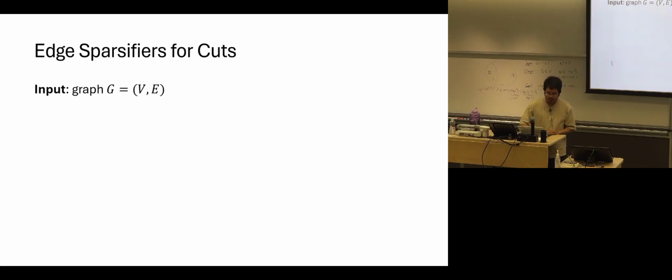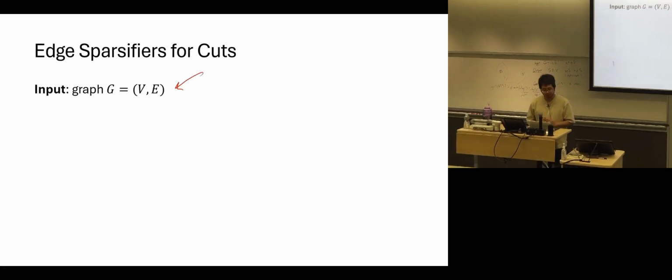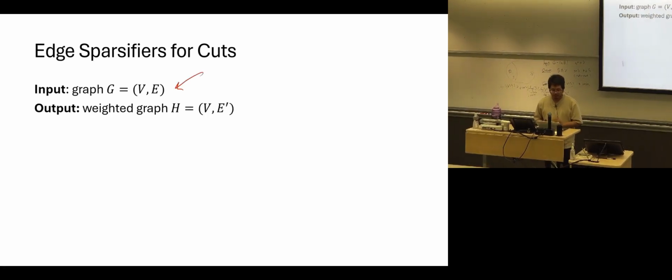So you have a graph. Now I want to build another weighted graph H which shares the same set of nodes, but the edge set is different. In this case, the edge set E prime is going to be a subset of E, but now this graph has weights.